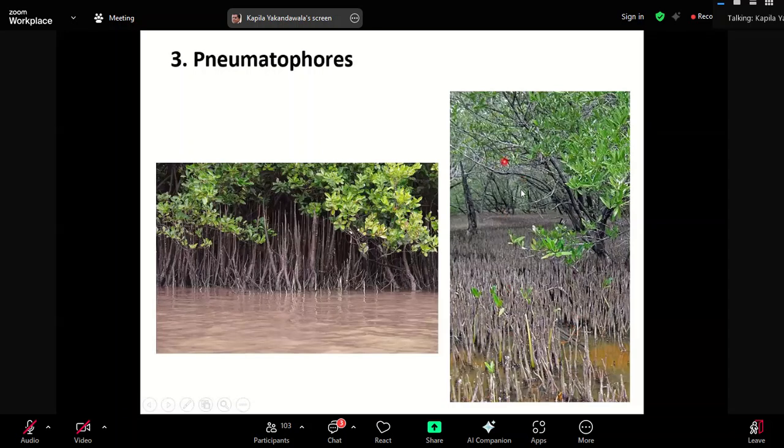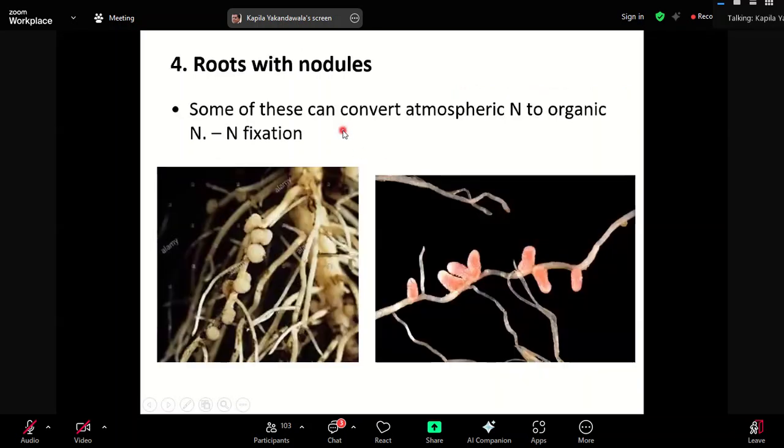This is a mangrove area. So if you go to a mangrove area, some roots are growing away from the soil substrate, negatively geotropic. They are called pneumatophores. The function is absorption of oxygen, because this is always under flood and it has high salt. So the plant cannot absorb oxygen. So oxygen is absorbed through these roots, pneumatophores.